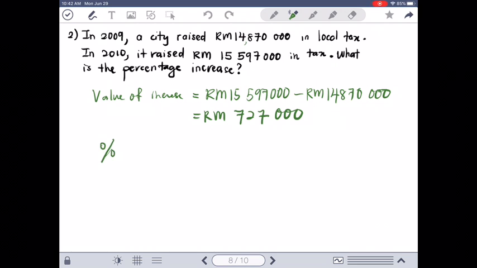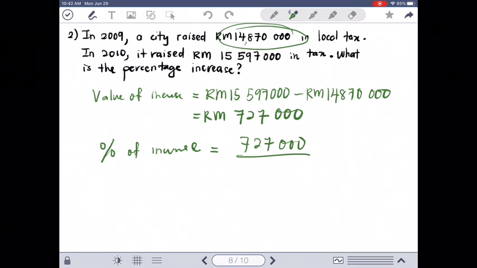So the percentage of increase is equal to 727,000 divided by the initial value, which is 14,870,000, times 100.